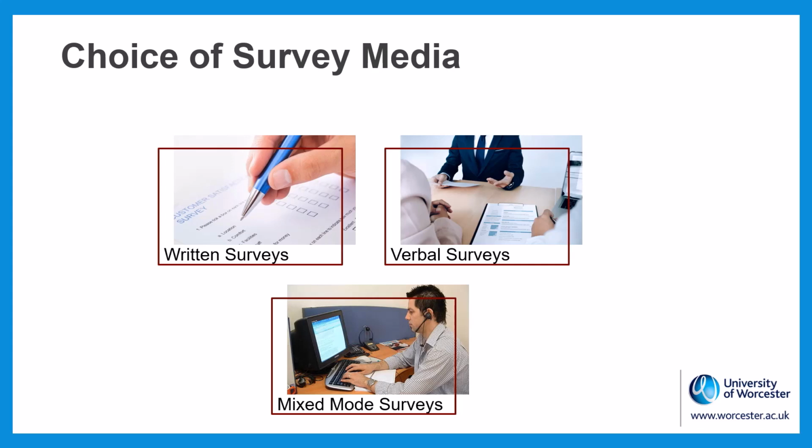Written surveys are also subject to bias where the intended respondent refers to others in completing the survey. And finally, written surveys are subject to item no response, where some questions may be intentionally or unintentionally skipped.